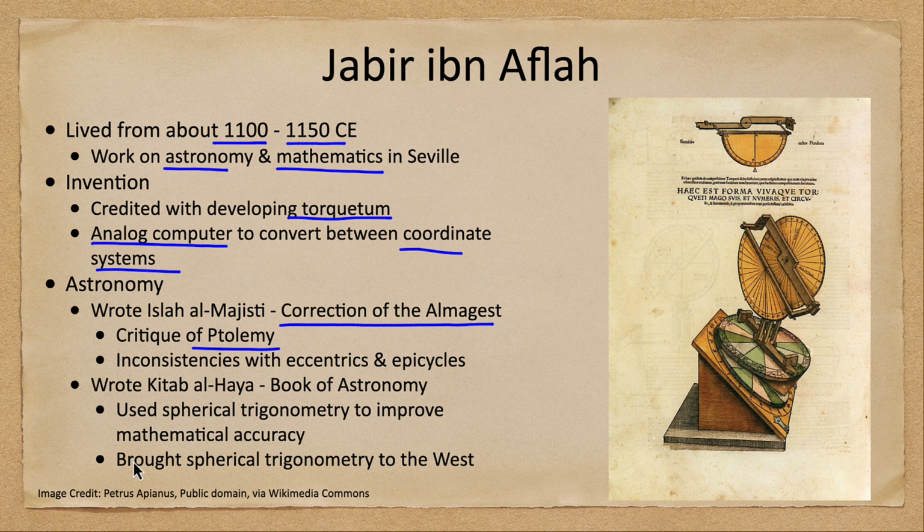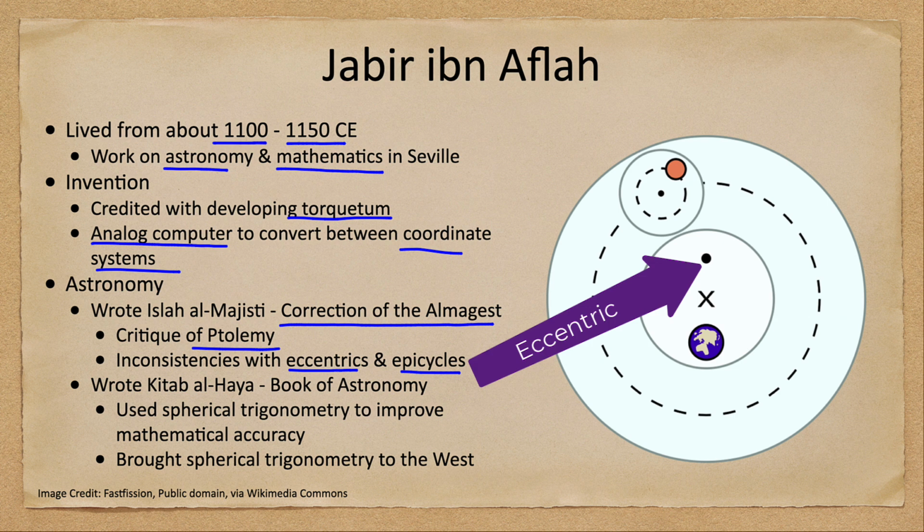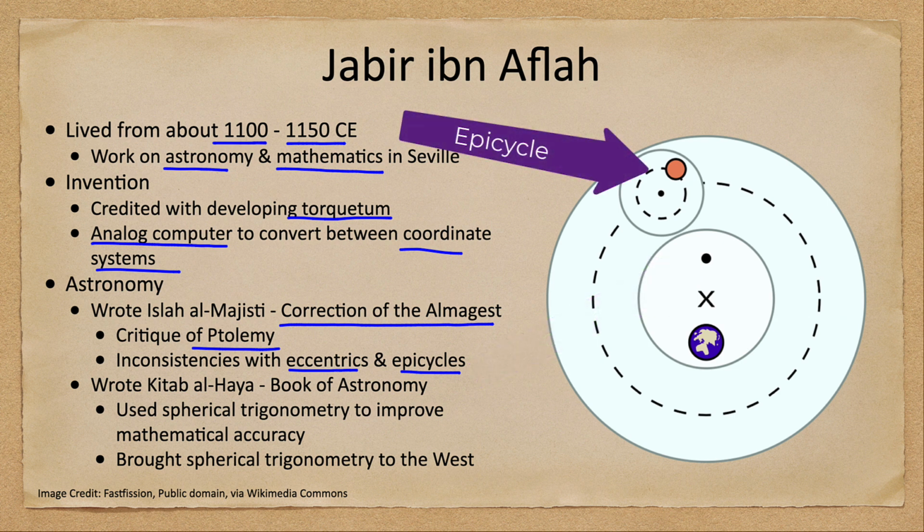There were specific problems that people had with things like the eccentrics and the epicycles, and those are shown here in the diagram. We can see the eccentric there on the other side of the center from the Earth, and we can see the epicycle, the small circle that the other planet appears to go around as that epicycle goes around the center of the solar system.